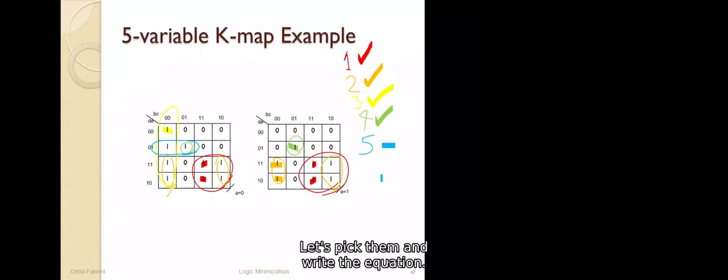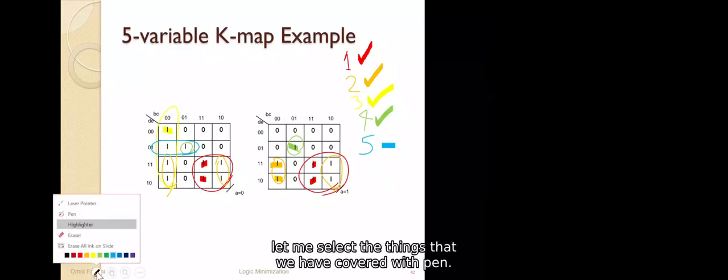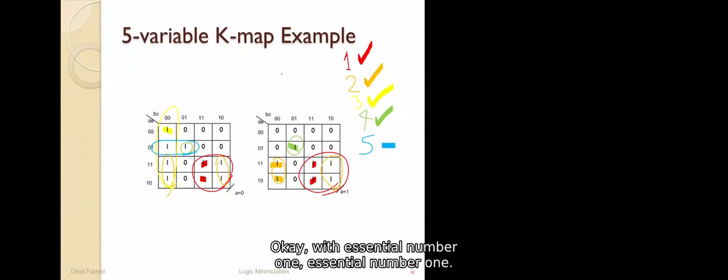Let's pick them and write the equation. Before writing the equation, let me select the things that we have covered with pen. Okay, with essentials. Number 1, essential number 1. So we have covered these.